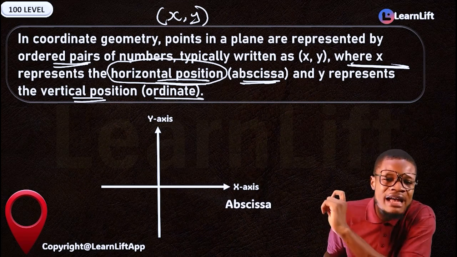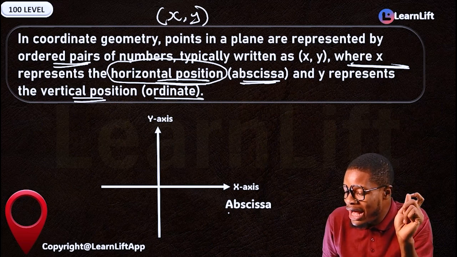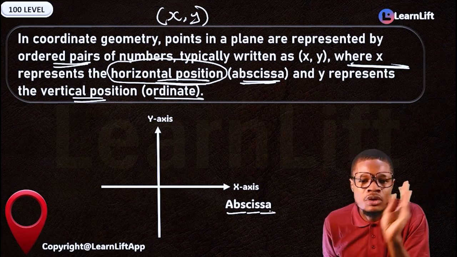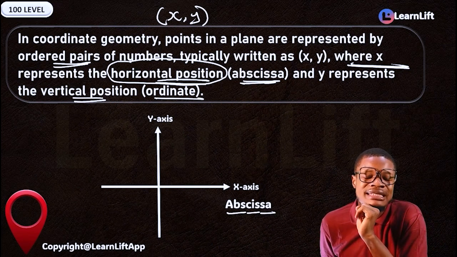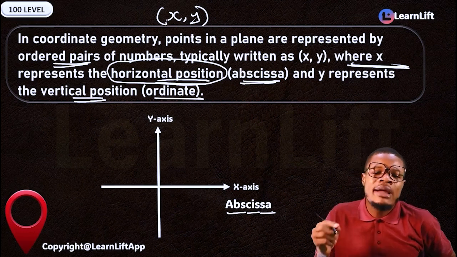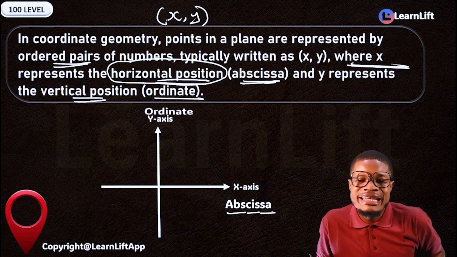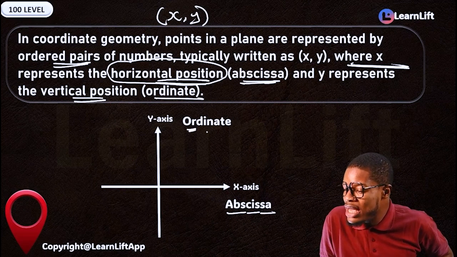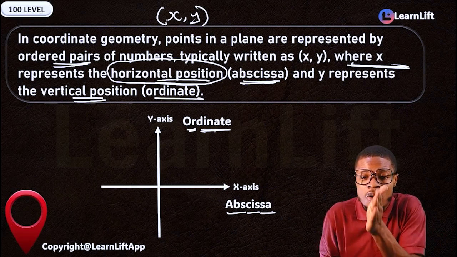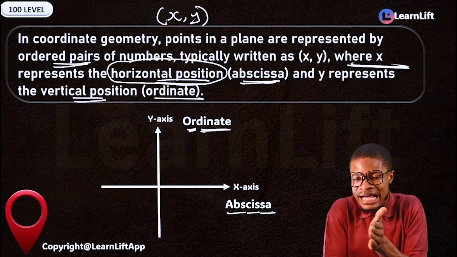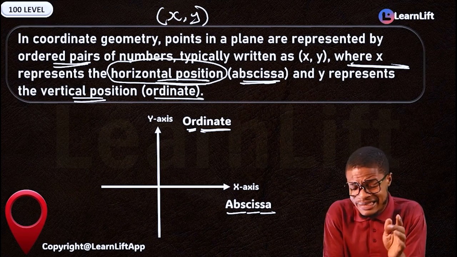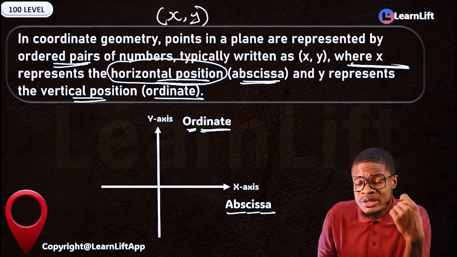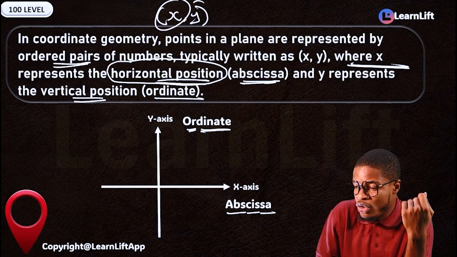Pronounce after me: abscissa. What about the y? The y is called the ordinate. So anytime you hear the y-axis, we call it ordinate, and x is abscissa. Don't go and miss the two. You always call x first before you call y.